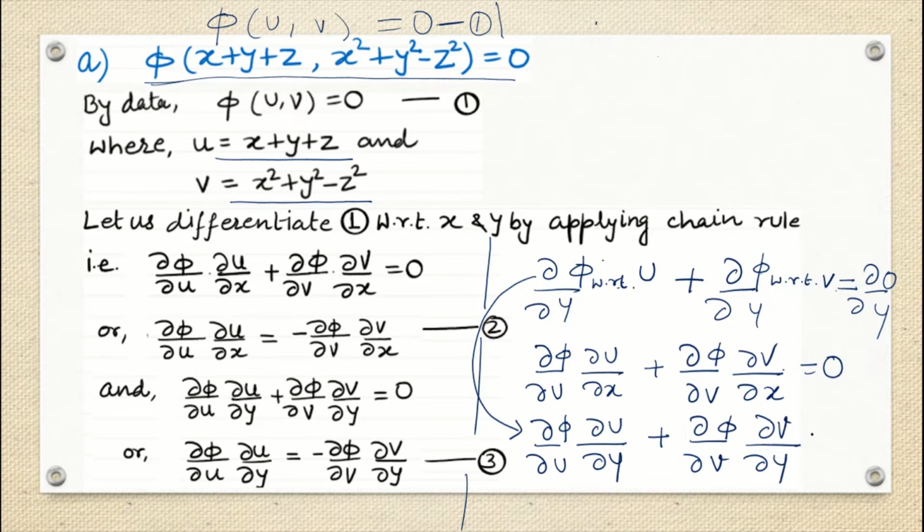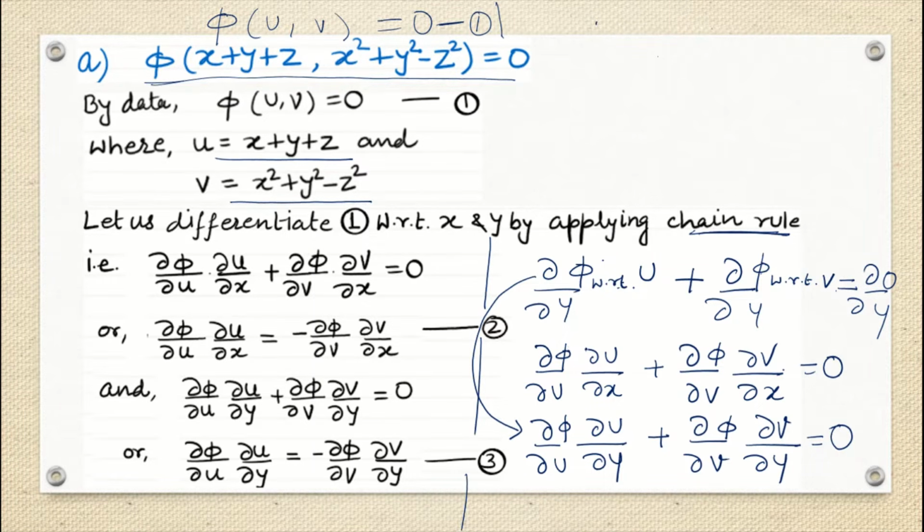This is my left hand side, and the right hand side, del by del y of 0, will give you 0. So the method I have followed is called the chain rule. Using the chain rule I have written down these partial derivatives. Fine.